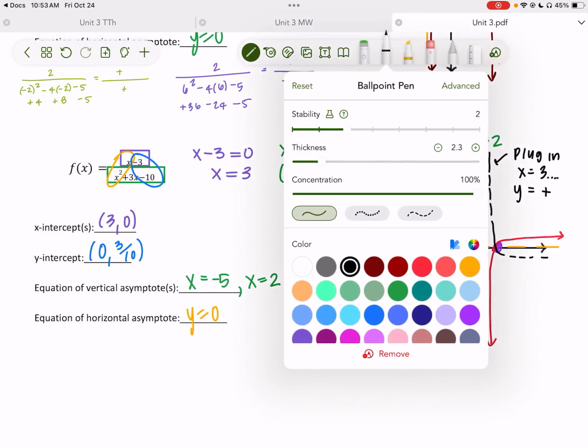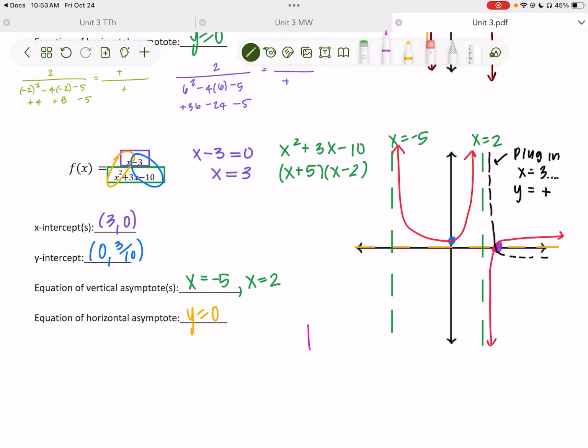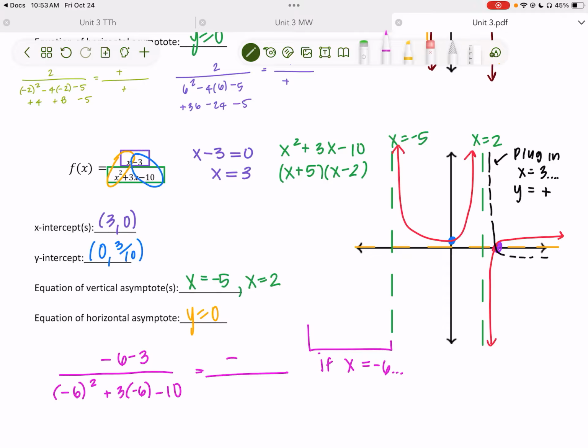The section on the far left, however, we do need to plug something in for sure. So let's say if x equals -6, what's going to happen? So we have -6 minus 3 over -6 squared plus 3 times -6 minus 10. So that's a negative. We will have 36 minus 18 minus 10.